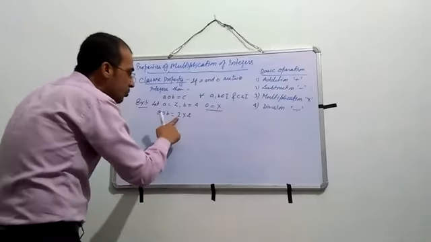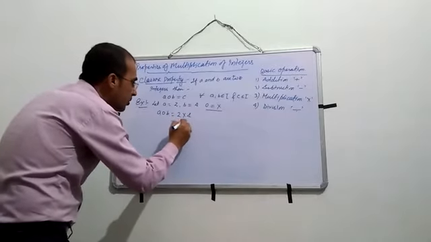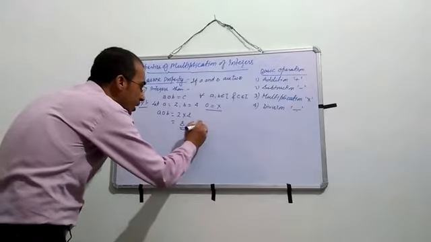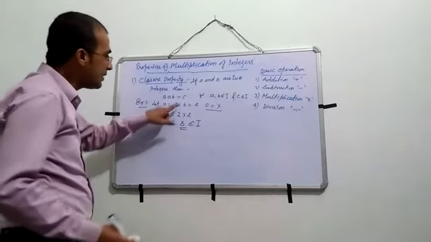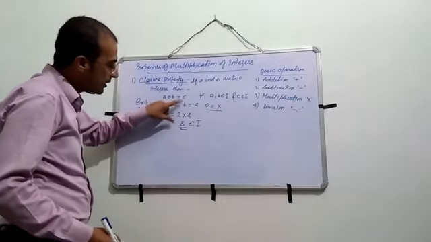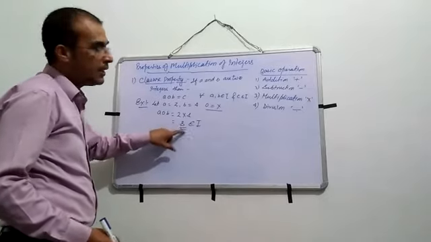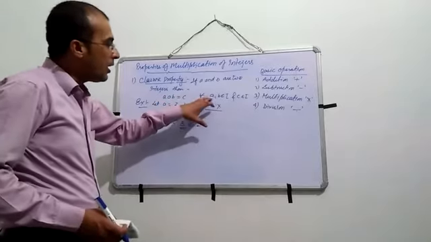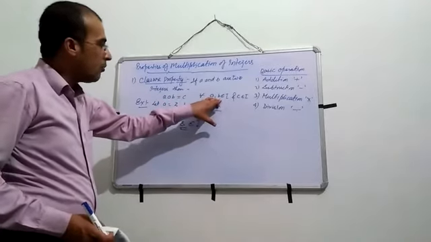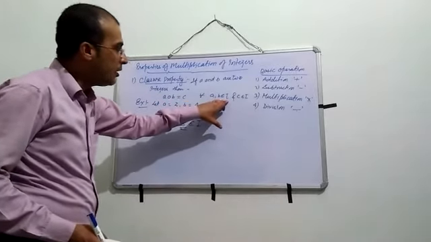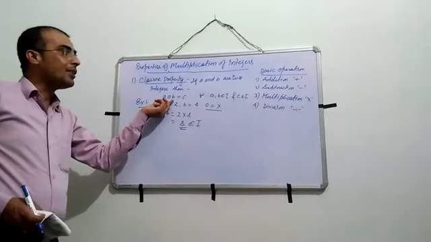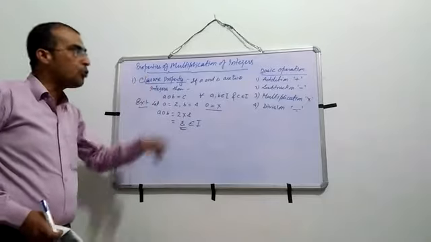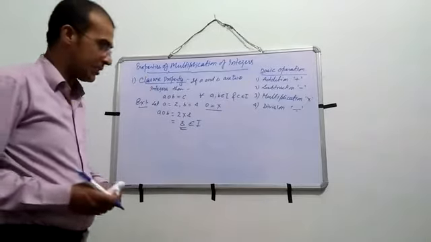It means 2 into 4, which equals 8. And what can you say about 8? 8 belongs to integers. C is 8, and 8 is an integer. So for all values of A and B, the product of A and B is always an integer. So we can say that the closure property is true for the multiplication of the integers.